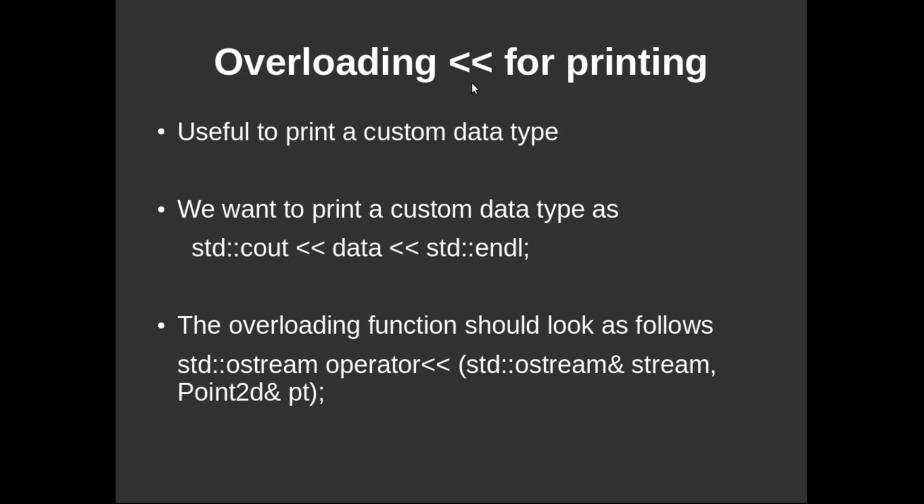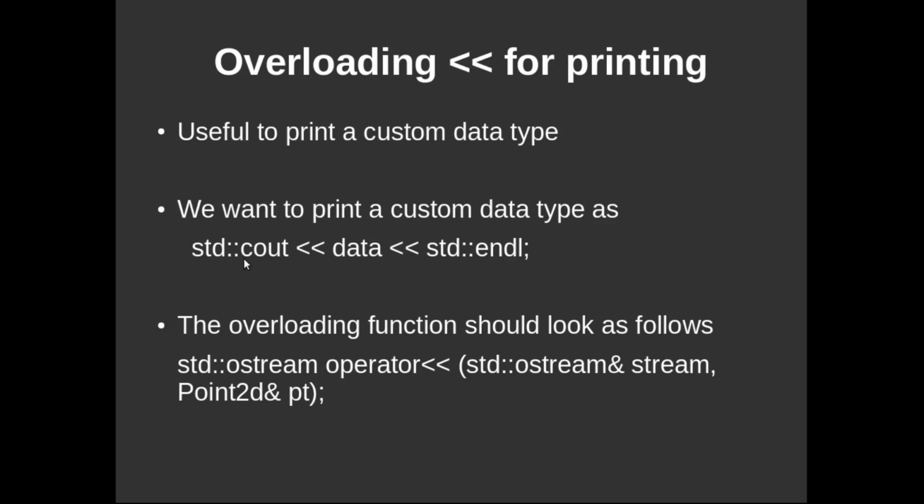However, C++ knows how to print those variables, or standard cout knows how to print a particular type of variable if the data type is previously known to cout. However, if you have created your own data type, then cout doesn't know how to print that. In those cases, we want to overload these left shift operators, and we need to overload this operator.